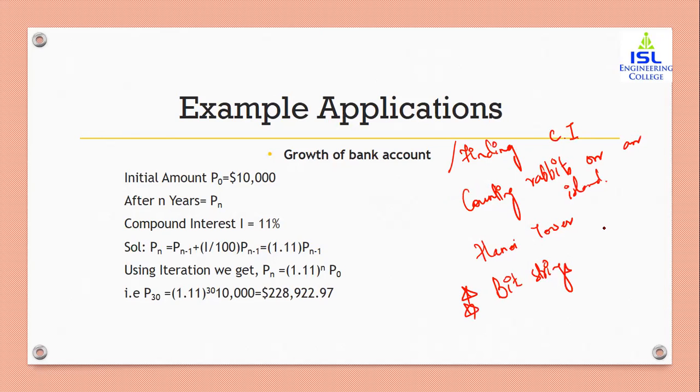This is the computer science application. Although it is not studied in detail, it is an important application of the recurrence relation. Okay, so counting bit strings with certain properties. Now in our case, we will see finding compound interest, and counting rabbits on an island is basically your Fibonacci sequence, which is represented graphically.